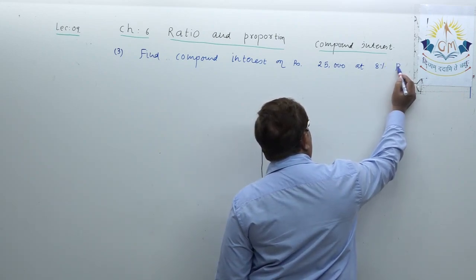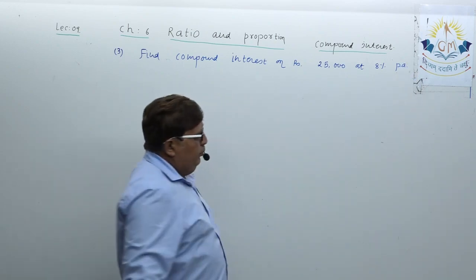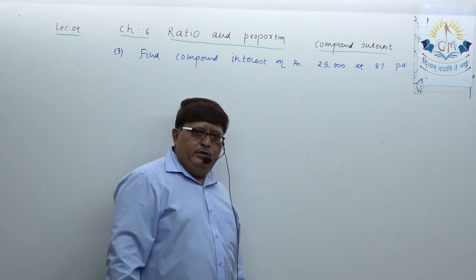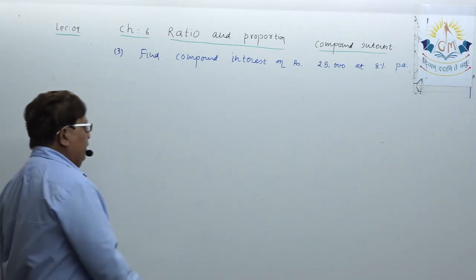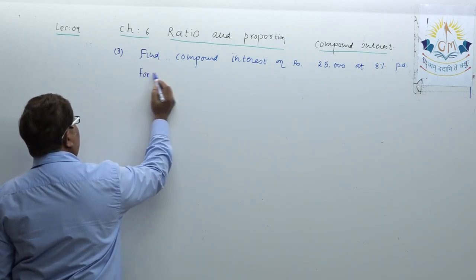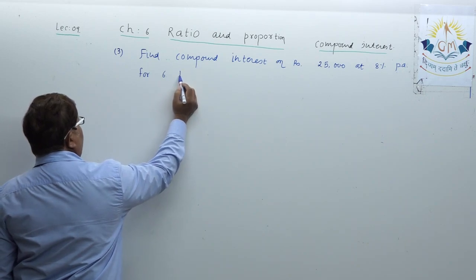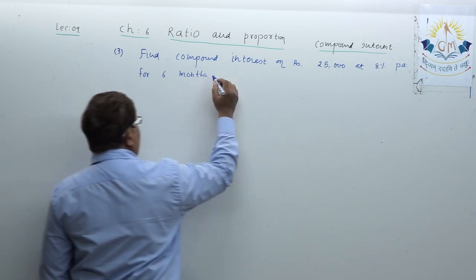PA. Sometime, dear student, you will encounter such a word. PA means per annum. That means the annual rate of interest. Understand? For 6 months. Okay.